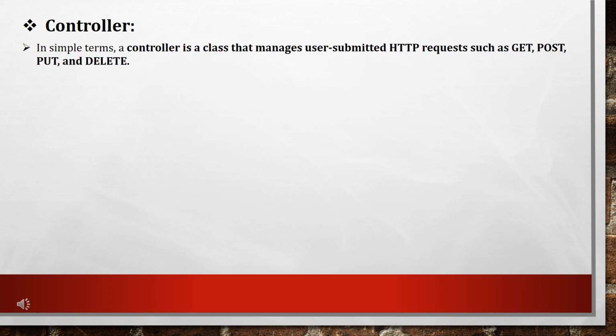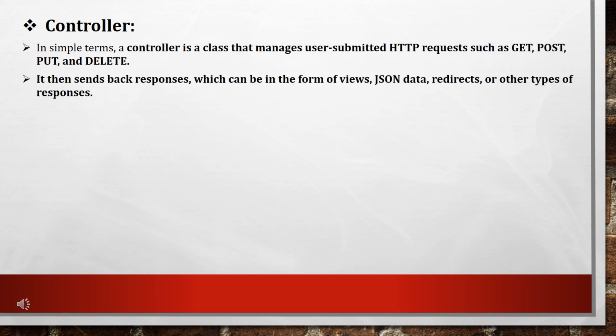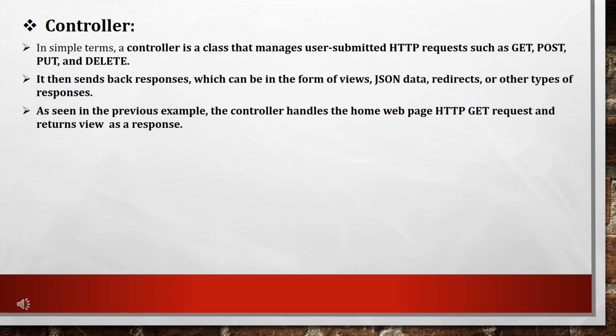In simple terms, a controller is a class that manages user-submitted HTTP requests such as GET, POST, PUT, and DELETE. It then sends back responses, which can be in the form of views, JSON data, redirects, or other types of responses. As seen in the previous example, the controller handles the home web page request and returns the view as a response.